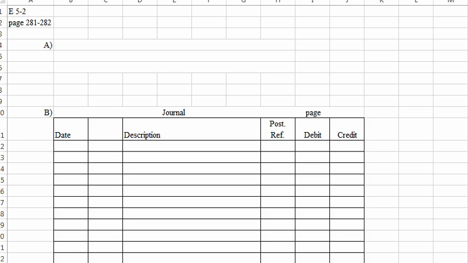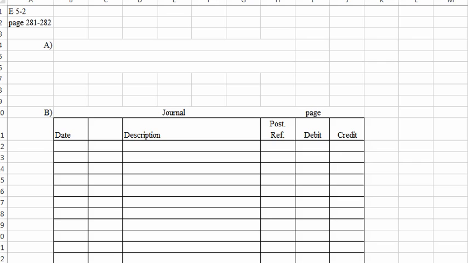Ski West expects its season pass holders to use their passes equally through the season, and the company's fiscal year ends on December 31st. On November 6th, 2016, Jake Lawson purchased a season pass for $450.